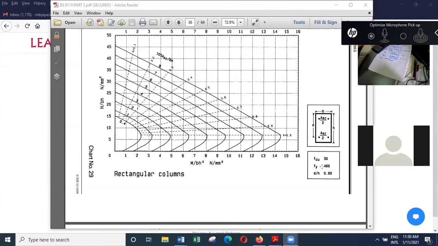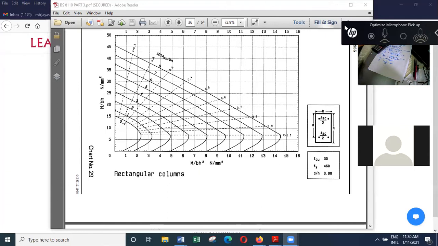D over H ratio is 0.916, so I'll use the 0.9 chart. And then this value is 15, and the M over BH squared ratio is 1.11, so somewhere here. And you can see we need about 1% reinforcement. So 100 AS over BH is 1%.